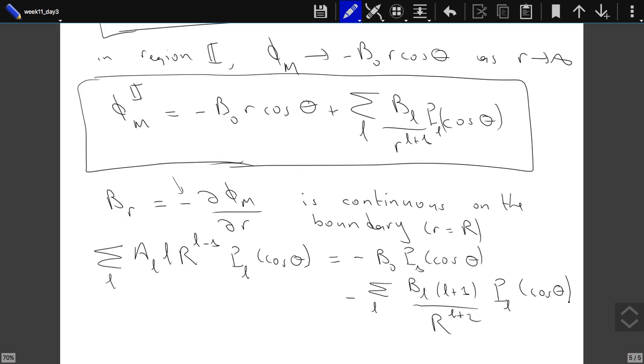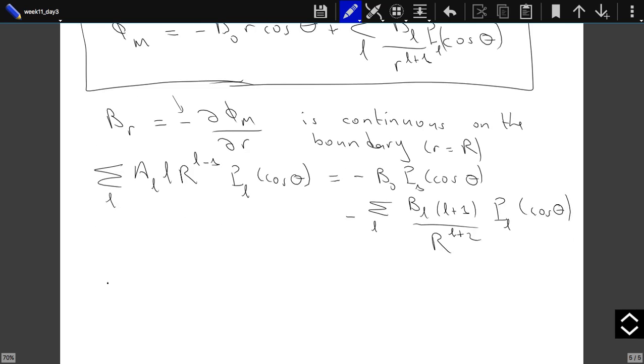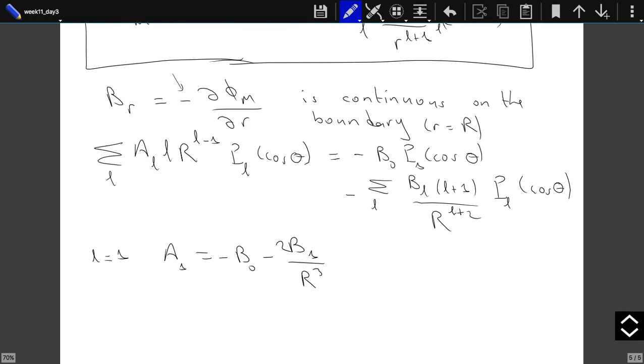Well, if this is satisfied, the coefficient of P_L of cosine theta on both sides should be equal. So for L equal to 1, A1 should be equal to minus B0 minus twice B1 over R cubed. For L not equal to 1, A_L times L r to the power L minus 1 should be equal to minus B_L times (L plus 1) divided by r to the power L plus 2.